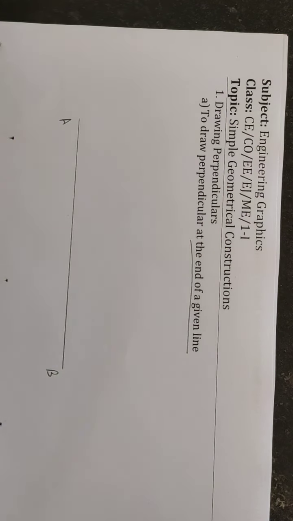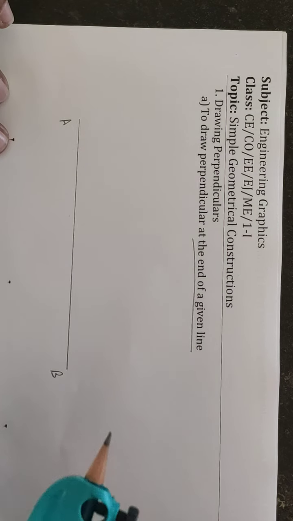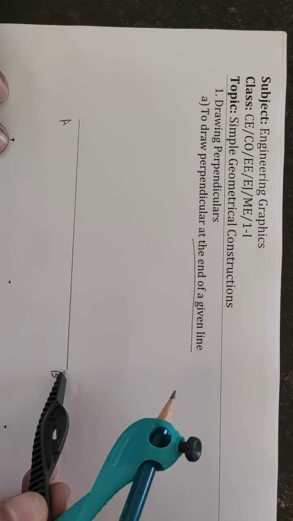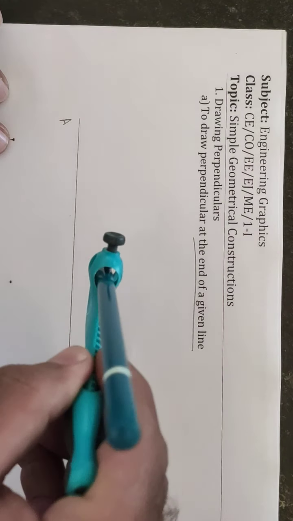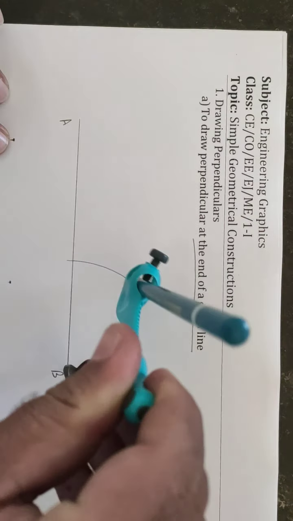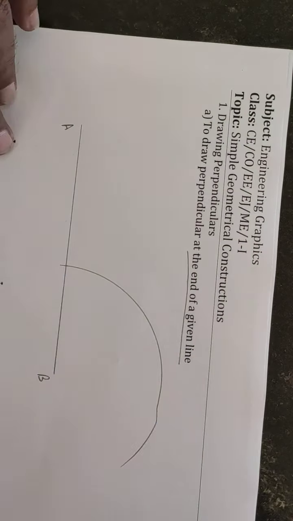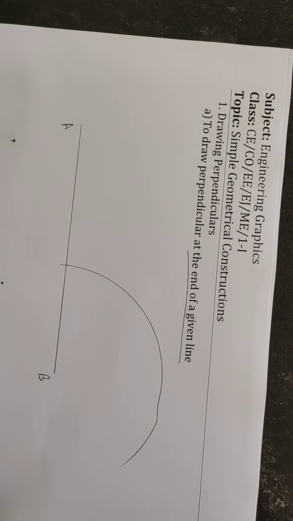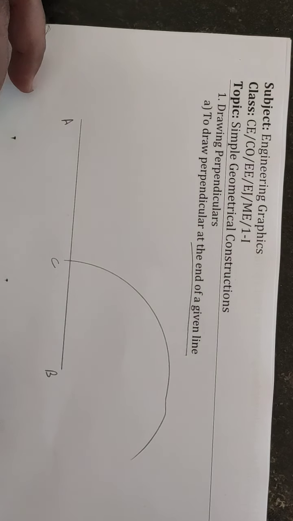For that we require one compass. Put the metal end of that compass on point B. Take a random distance, which I have taken, and draw an arc like this. Now next, we got a point C on line AB, which is cut by that arc.